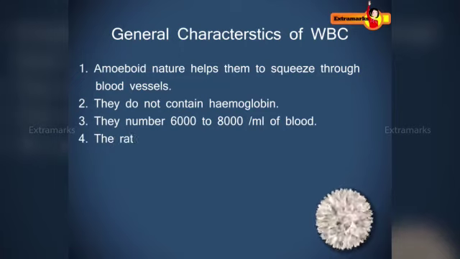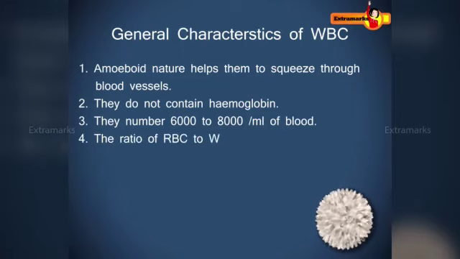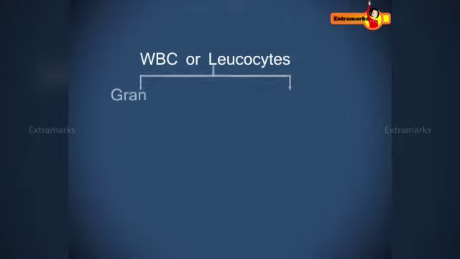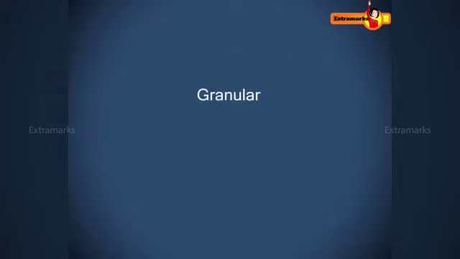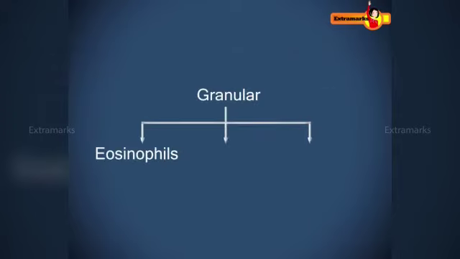The ratio of RBC to WBC is nearly 1,000:1. There are 5 types of leukocytes which are categorized as granular and agranular types. Granular leukocytes are eosinophil, neutrophil and basophils.